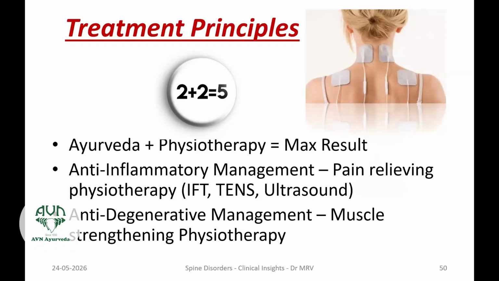But later we can go for muscle strengthening physiotherapy techniques, which can stabilize the joint, and thereby we can prevent further disease problems also. In that way also it is considered to be very effective. Next, sir.